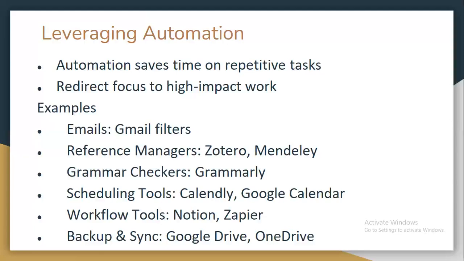Then for those of you writing your project or you're about to start your project, you have what you call the reference managers. Okay, you have Zotero, you have Mendeley, and all of those are tools that can help you to manage your references. Remember that for academic writing, you have to include your references and have a reference list. Okay, so these tools can help to automate that part of your writing.